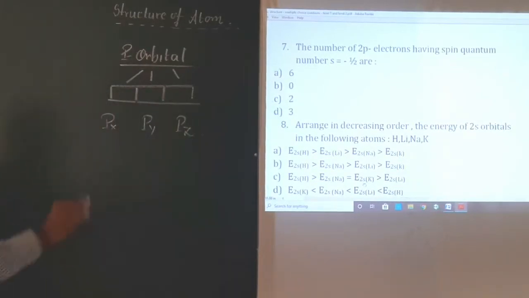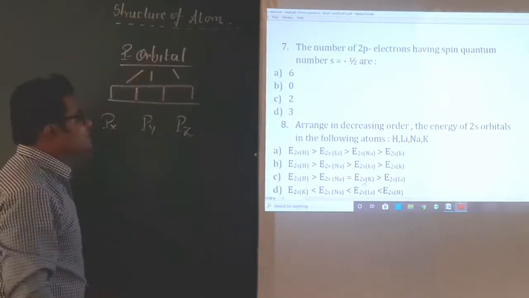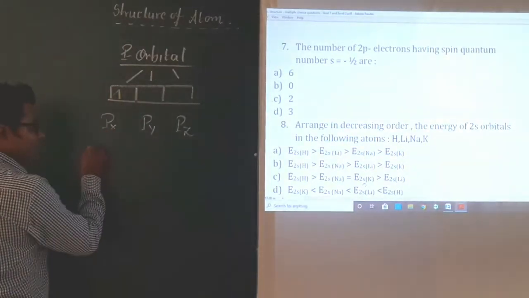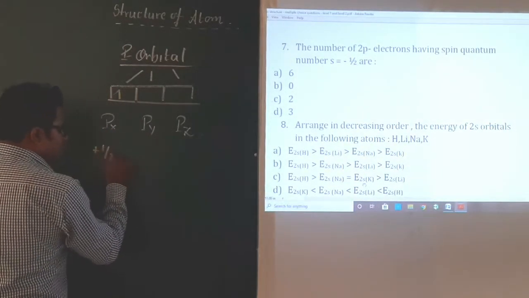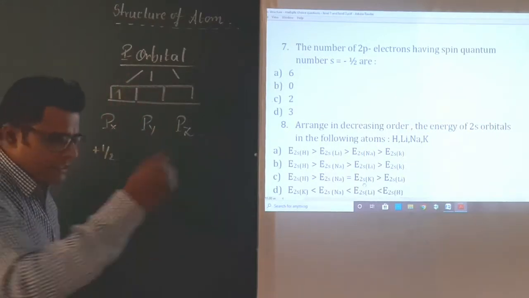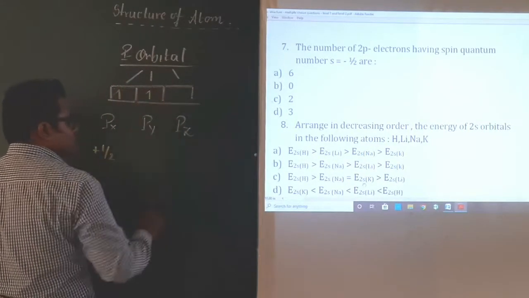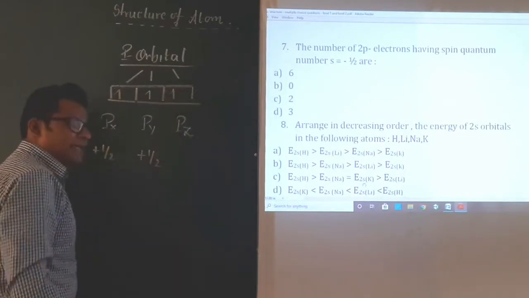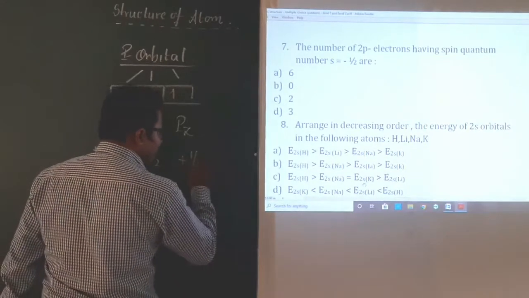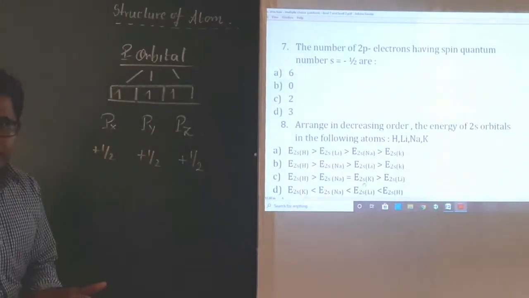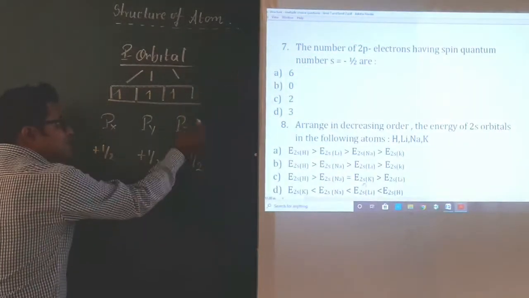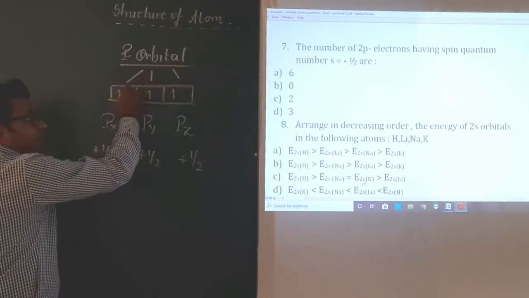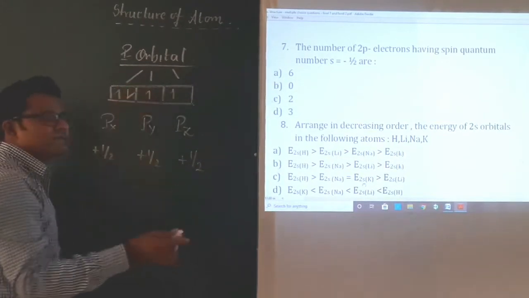Okay. So when the electrons start to occupy these orbitals, first one electron comes here. When the electron comes here, the value of s will be plus half. So can I say one electron is with plus half here? Next electron comes at this particular point. So again plus half. Next electron comes over here to pz. So again we are going to have plus half. Quite simple, right? Now once these orbitals are singly filled, then my electrons will come here and start pairing up.